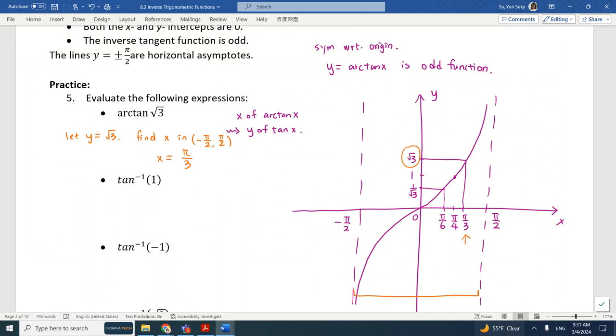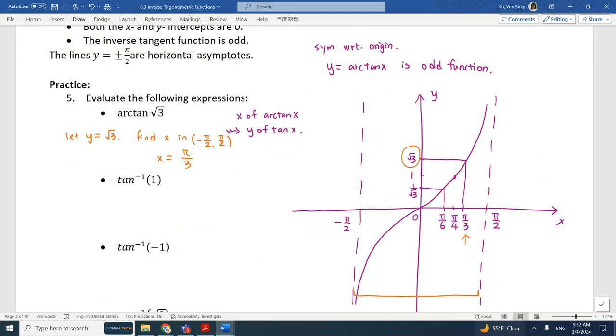Okay, now you find the next one, arctangent of 1. What's your answer? Pi over 4.